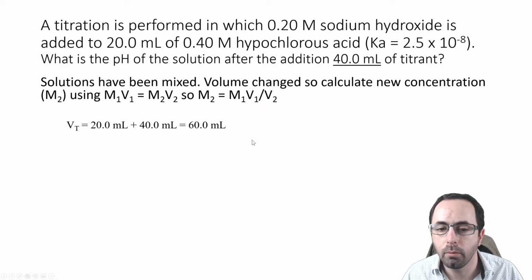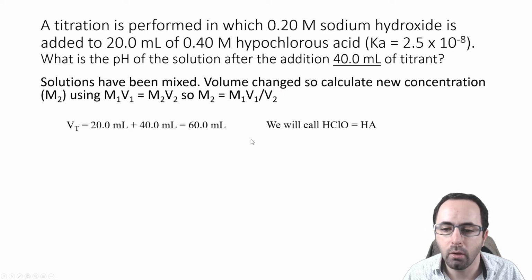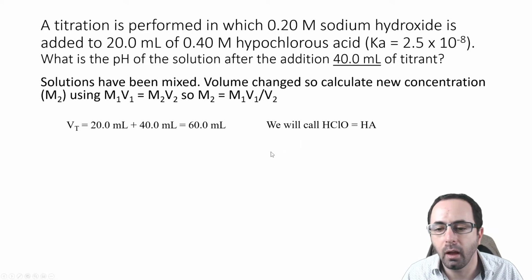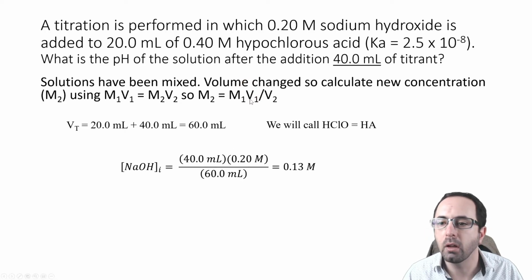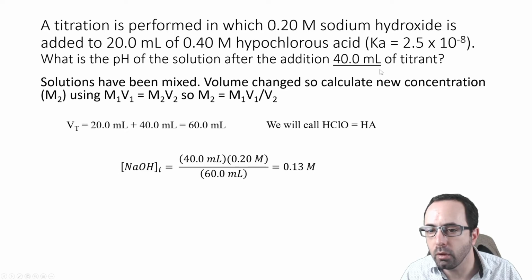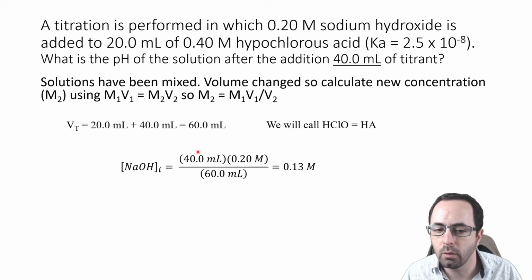That's our V2. Now for the sodium hydroxide, again, we'll call hypochlorous acid HA. If you're going to do this, I do expect you to mention, okay, HA is this. So for the initial concentration of sodium hydroxide, we take volume 1 on top. Volume 1 is our volume of sodium hydroxide, 40 milliliters. Molarity 1, our initial molarity of sodium hydroxide, is 0.2 molar.